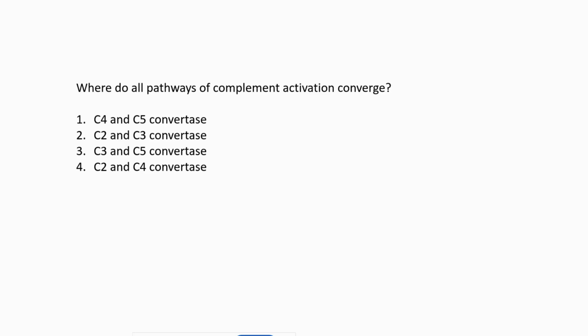And this is the next question. Where do all pathways of complement activation converge? The options are C4 and C5 convertase, C2 and C3 convertase, C3 and C5 convertase, or C2 and C4 convertase.